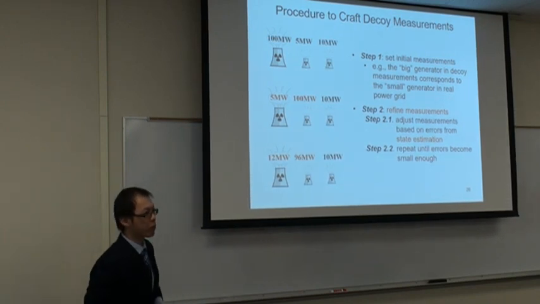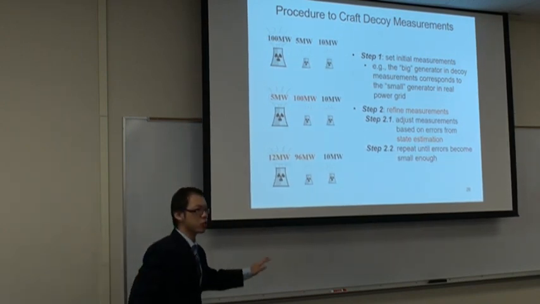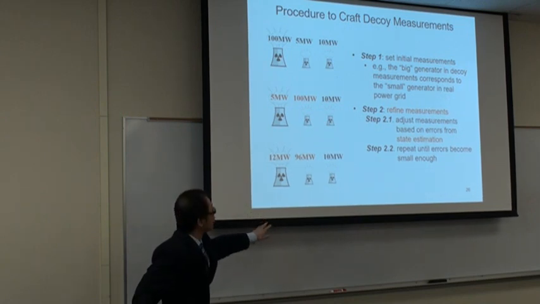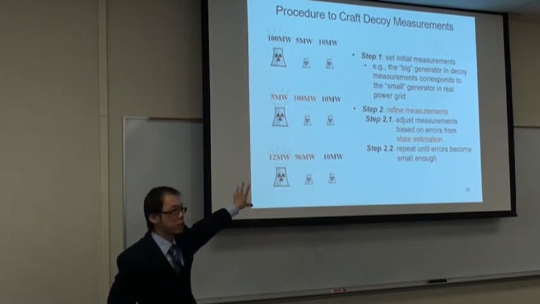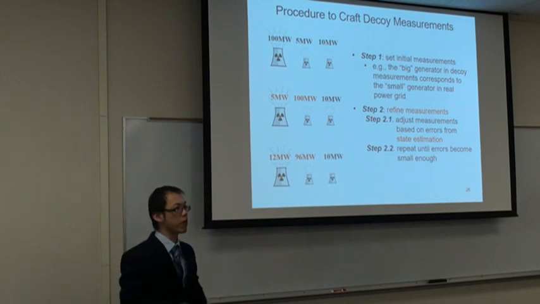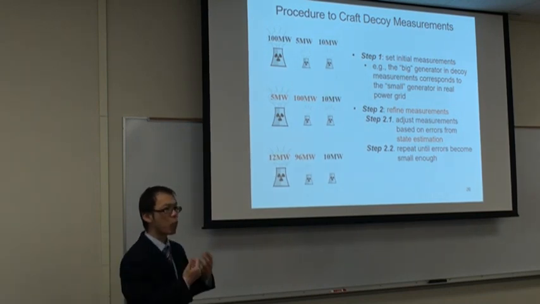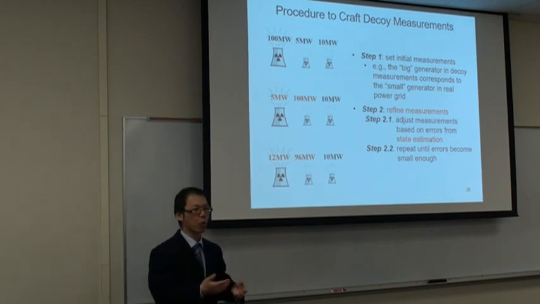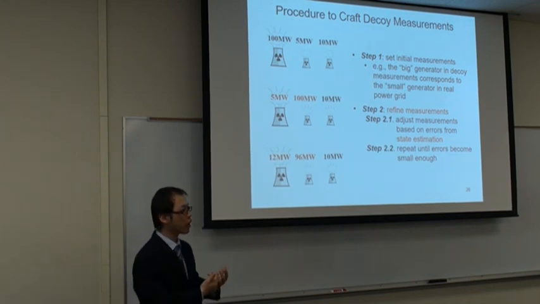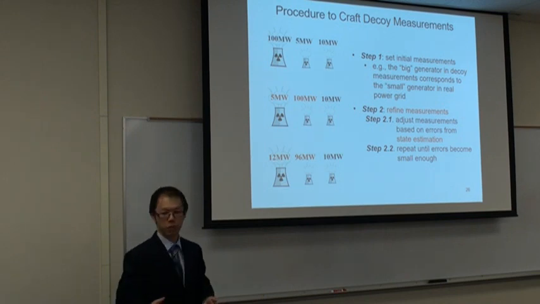Actually, the beauty of this algorithm, I think, is that it can be used not just for this randomization. The algorithm itself is general enough that it can also be used in many other application domains, if we want to generate decoy or spoofed measurements that look real enough but hide the real measurement.